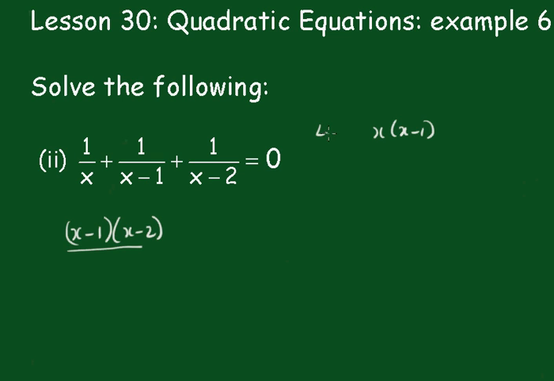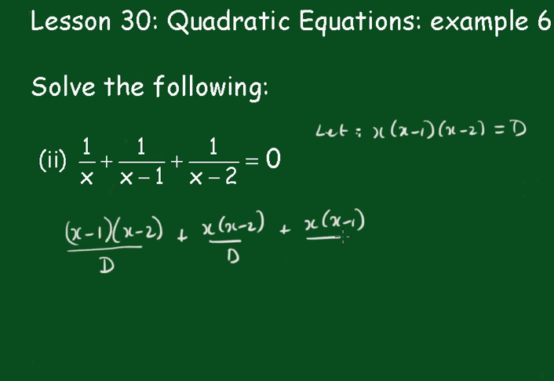I'm going to let all that equal d. I'm going to put that over a denominator of d, and this one will have to be an x minus 2 over d, and this one's going to be an x minus 1 over d equals 0.